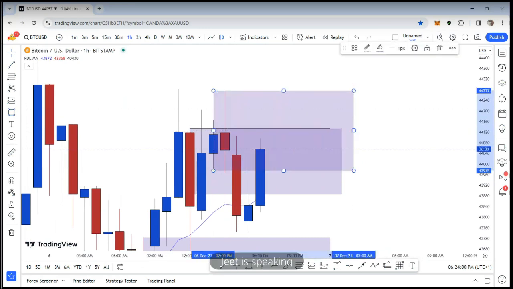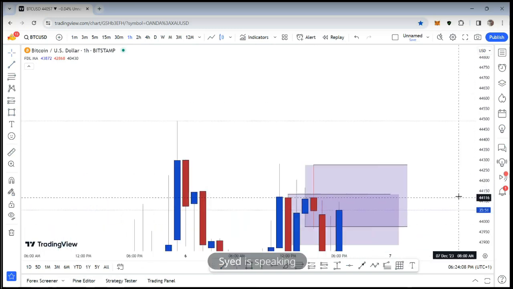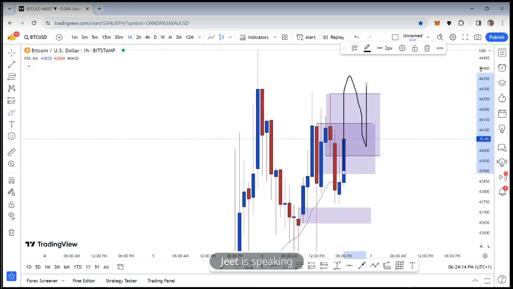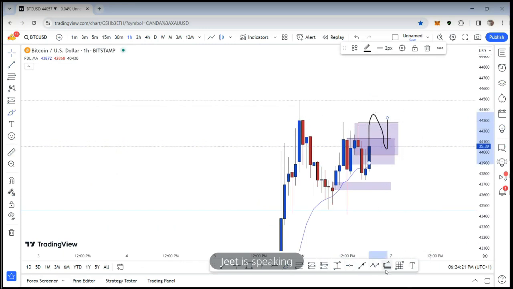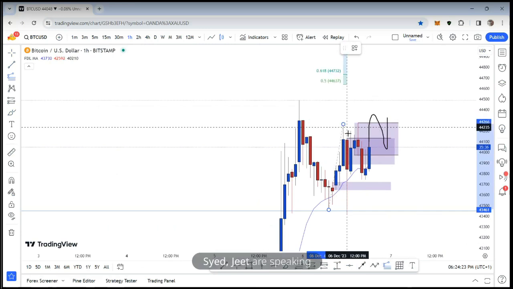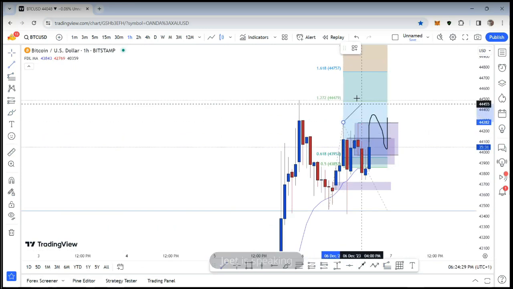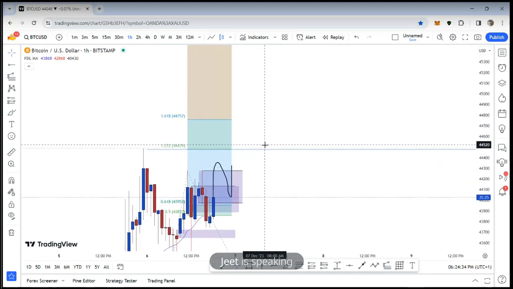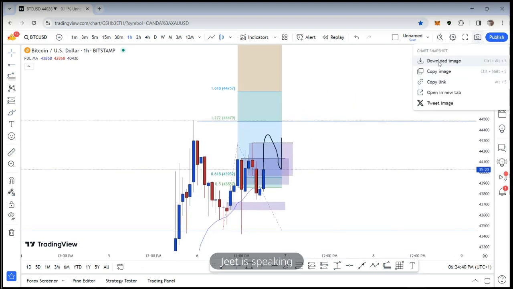So if price should do this, Bitcoin might eventually go to, actually, I'm expecting price to go down, according to retracement levels, to this level right here, which is 44,000. So I'm expecting Bitcoin to go to 44,477. Let's screenshot that. I'll show you guys later.